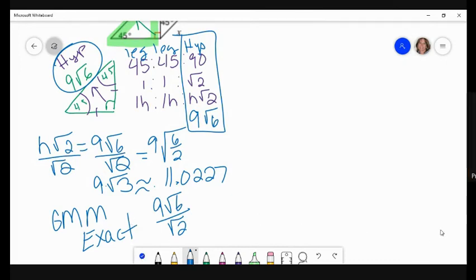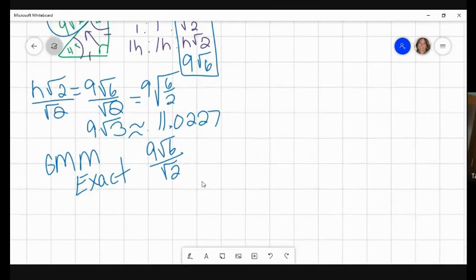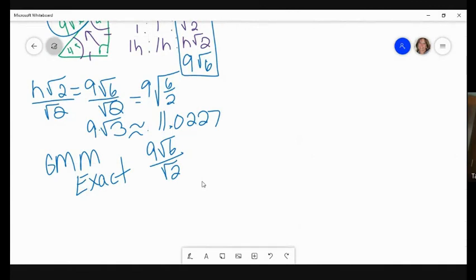For the answer, I got 15.58. For which one? For the answer for 9 square root of 3. Let's see, so you did 9 square root 6. I'm not sure, how did you get 58? Or let me see. I'm not sure how you, so what did you get again?